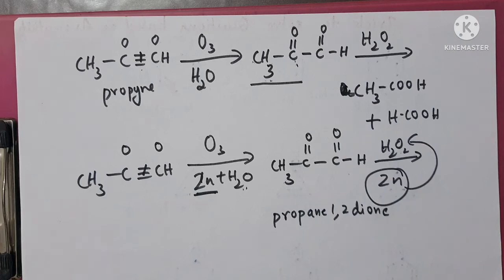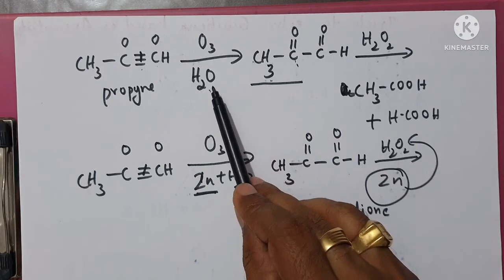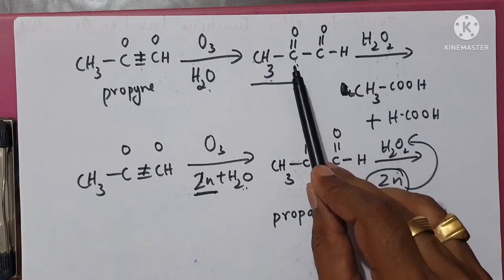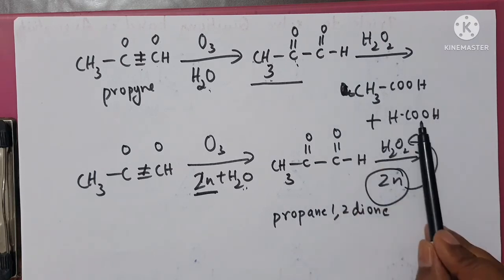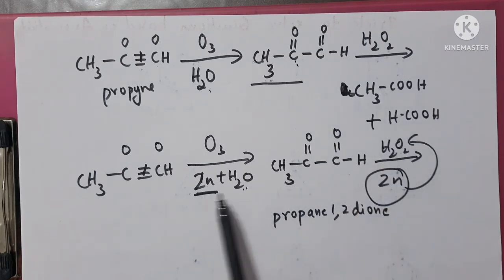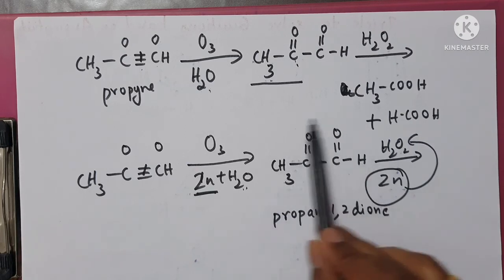Hope you have understood this concept neatly, clearly. And remember children, whenever there is only water, further oxidation of the aldehyde or ketones takes place by hydrogen peroxide to carboxylic acid. When there is zinc, there is no further oxidation and it stops at ketones and aldehydes.